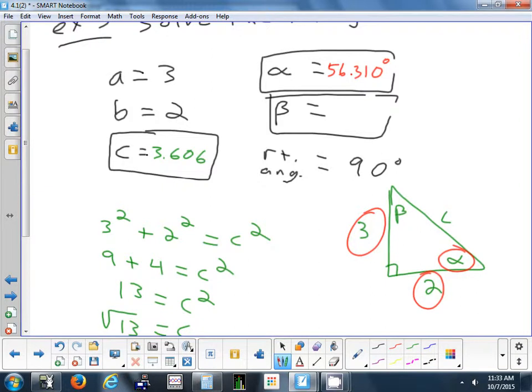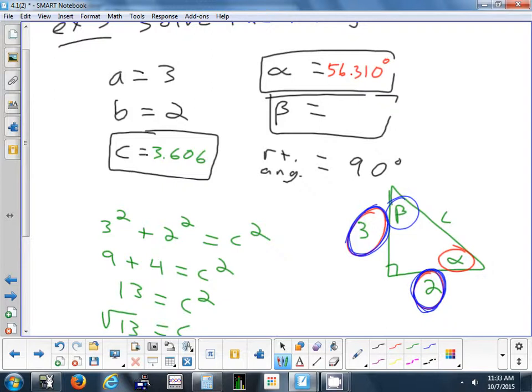All right, so let's find beta the same way we just did alpha. To find beta, use the two sides that were given. So focus on what's circled in blue. Okay, what are the names of the two sides I have now?